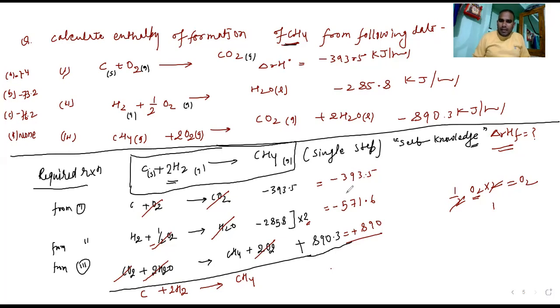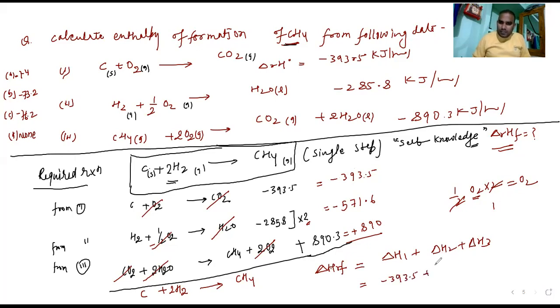So if you are adding up the sum, the enthalpy of reaction delta H f. Okay, enthalpy of reaction, what we can do here, we are summing: delta H1 plus delta H2 plus delta H3. So you add. How much is coming? Delta H1 is how much? 393.5. Then H2 is how much?